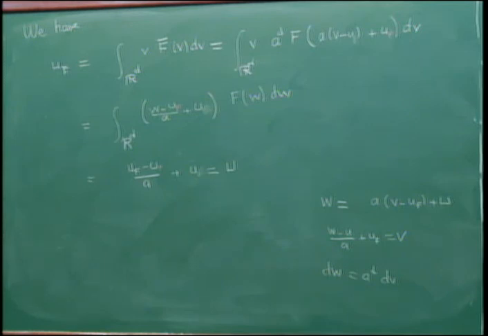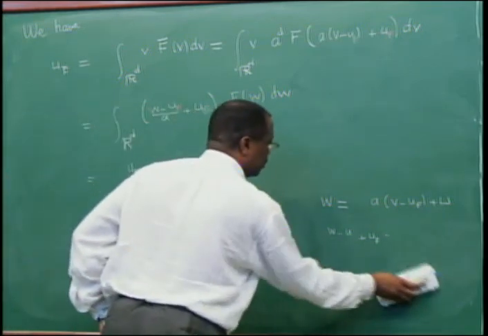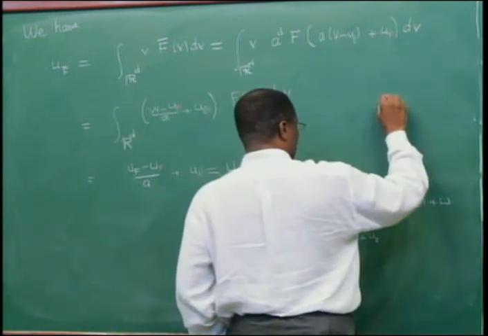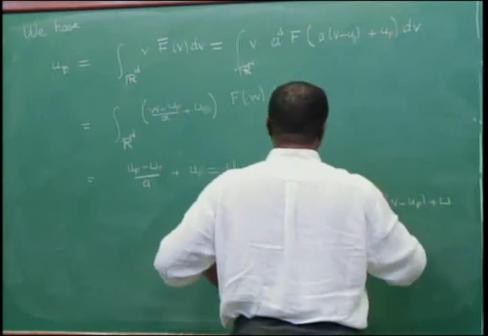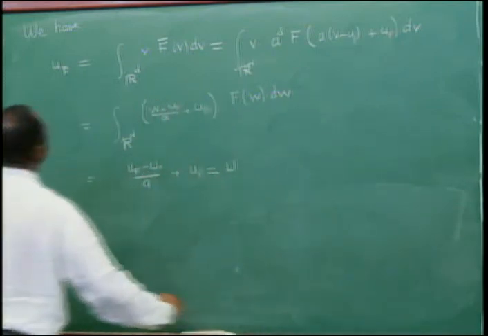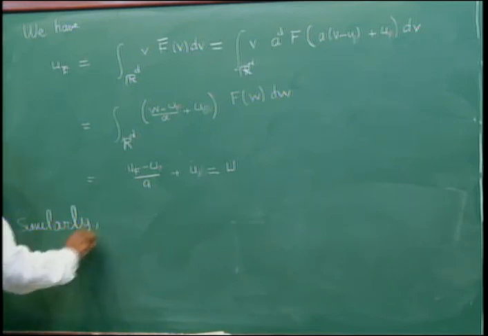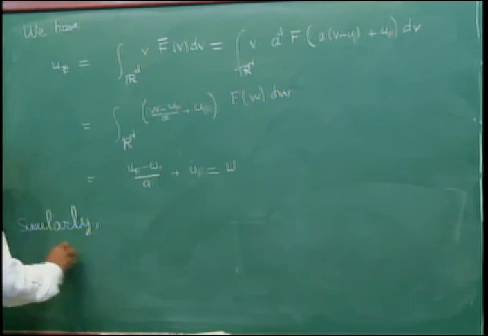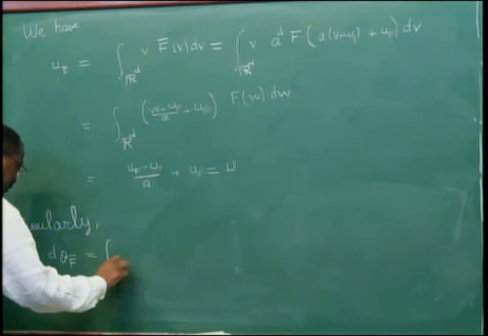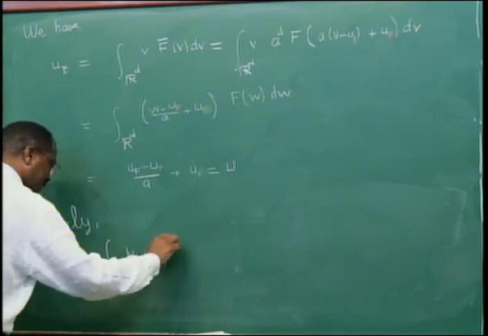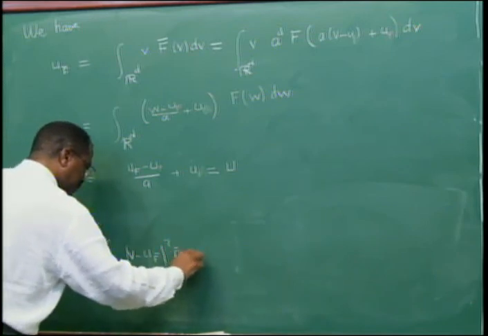Now we have to compute the second, the standard deviation. I need the same change of variable formula. So similarly, theta f̄, let me multiply that by d. This is the integral over R^d of |v − u_f̄|² f̄(v) dv.